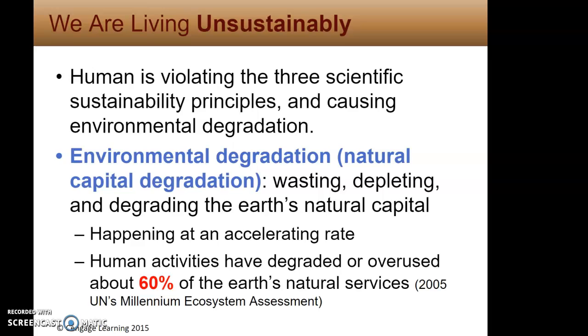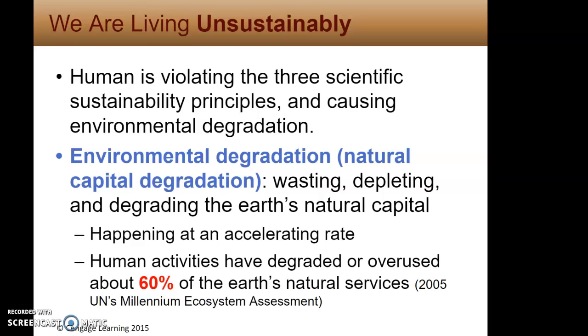So humans are violating the 3 scientific sustainability principles. I hope you still remember those 3. The first one is dependence on the sun, and then maintaining biodiversity and chemical or nutrient cycling.